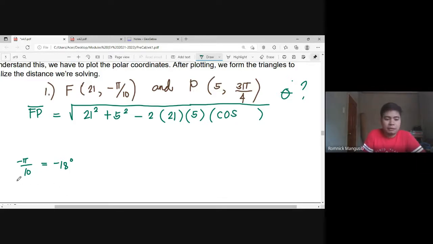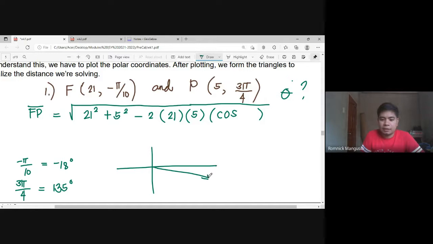At si 3 pi over 4 naman ay isang counterclockwise rotation, and this is 135 degrees. Sa madaling salita, class, kapag illustrate mo yan, kung meron kang isang negative angle dahil clockwise siya, this is negative 18 degrees, at may isang angle na positive, that is 135 degrees.